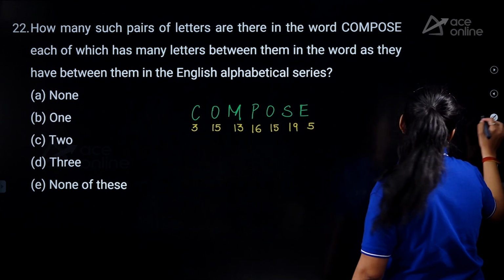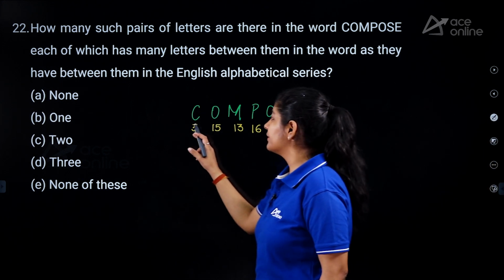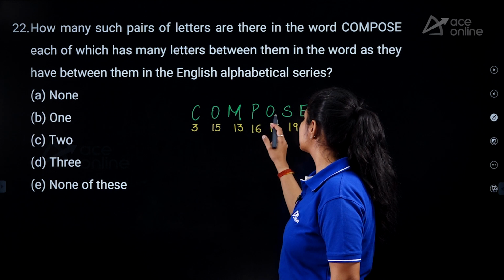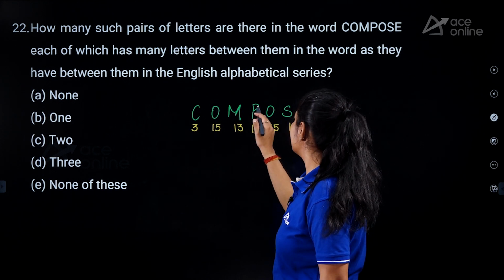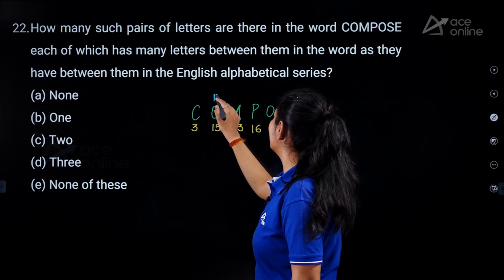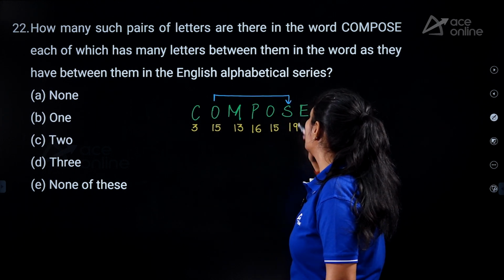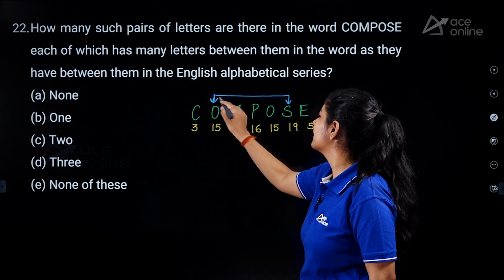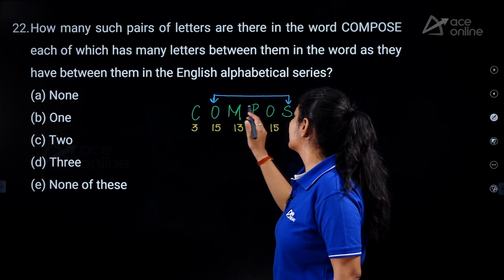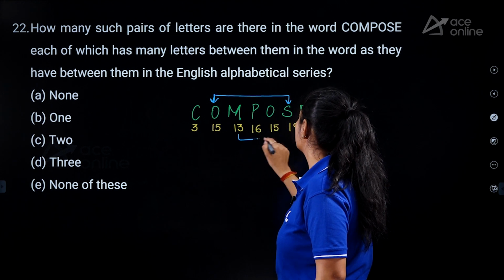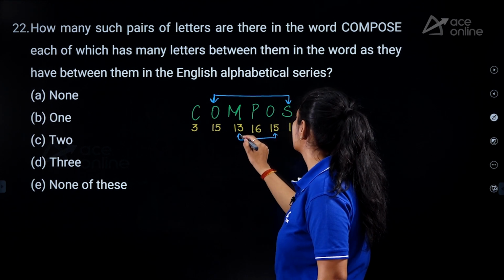Now start counting. 3, 4, 5, 6, 7, 8, 9. No. 15, 16, 17, 18, 19. We have our first pair from O to S, right? Okay. Next. 13, 14, 15.